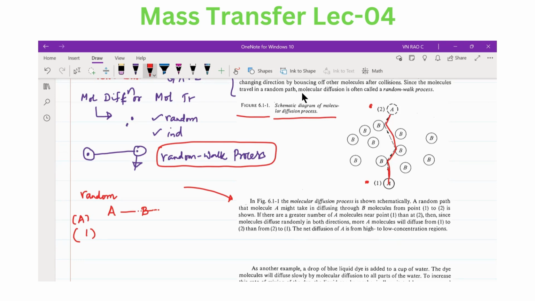Ultimately what we have to understand is the net diffusion. The net diffusion of A is from higher concentration to low concentration regions. So that is the perception.